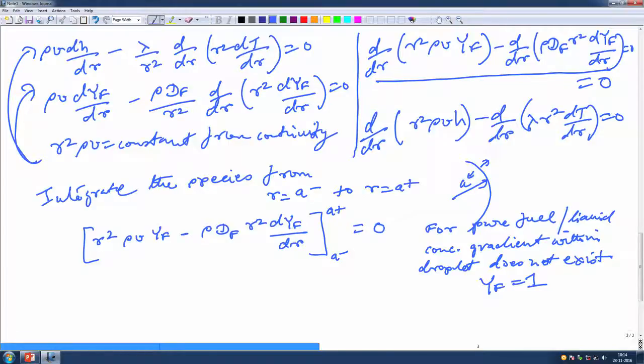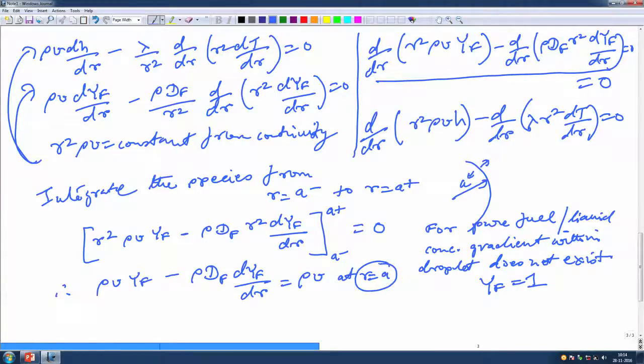Therefore rho v YF minus rho dF dYF by dr must be equal to rho v at r equal to a, okay, you are getting the point.